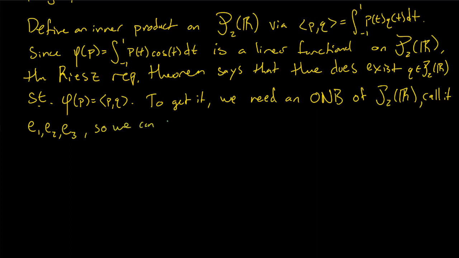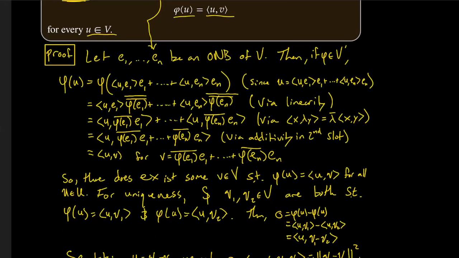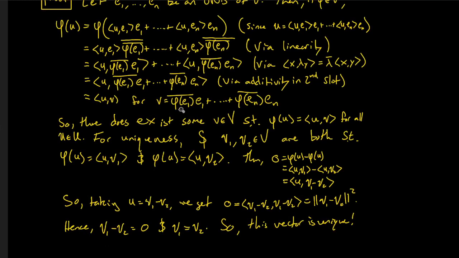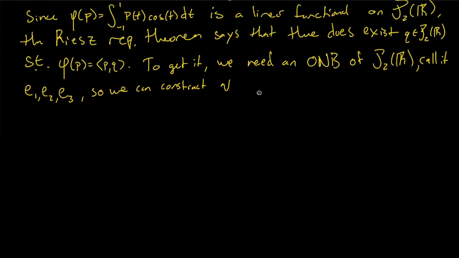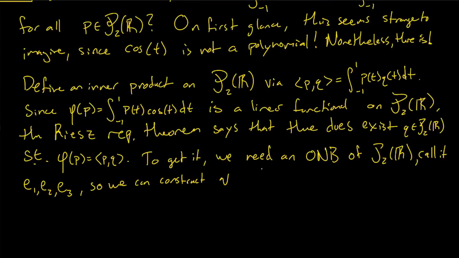So we can construct V, looking back at our proof over here. V is going to be the linear functional applied to E1, conjugate E1, plus all the way down through the linear functional applied to En, conjugate En. Except here, we don't really have to care about conjugation, since we are living in the world of the reals.